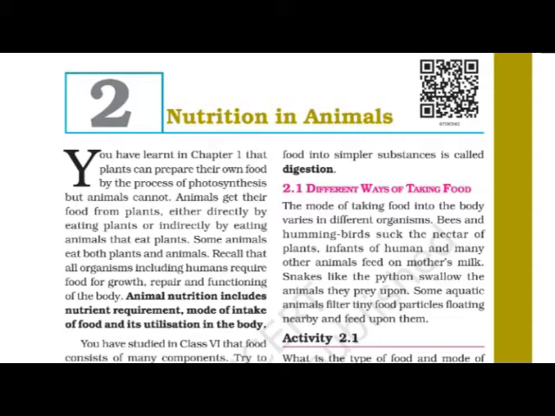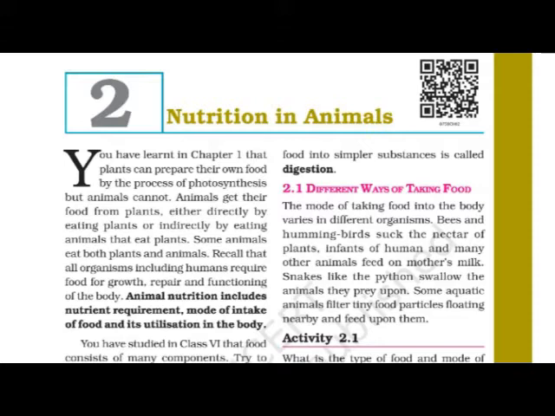Some animals eat the food from the plants, and some animals eat the food from other animals. Okay, some animals eat both plants and animals. We sometimes say that animals eat plants, sometimes that animals eat other animals, and some animals can eat both plants and animals.